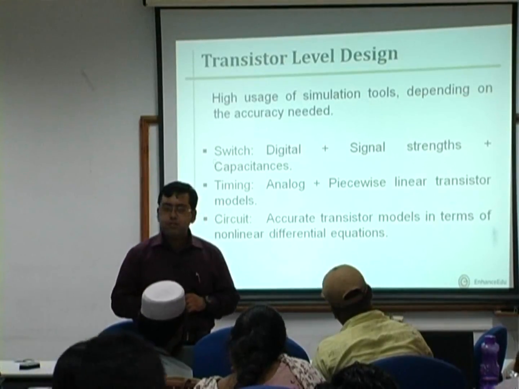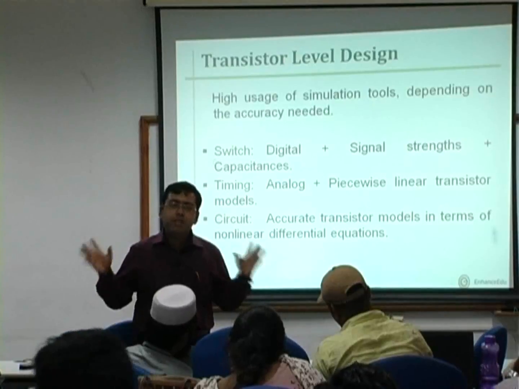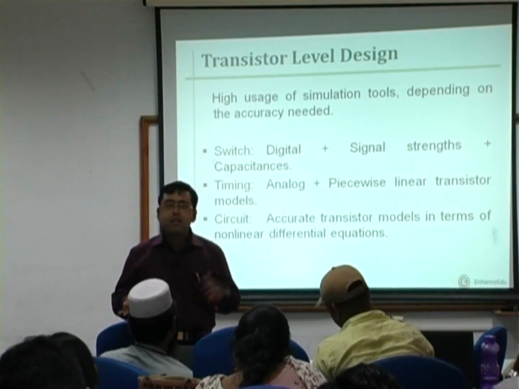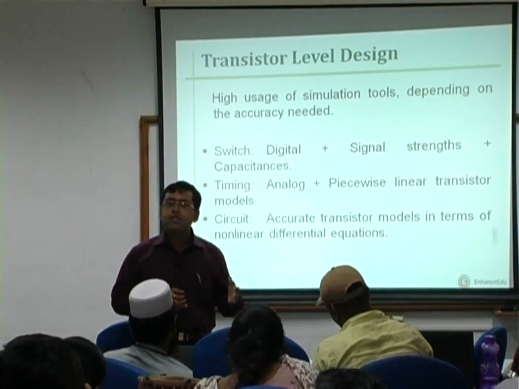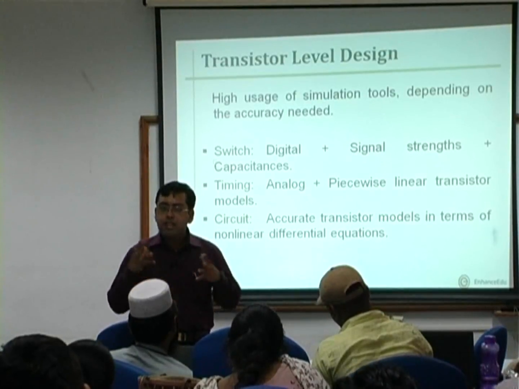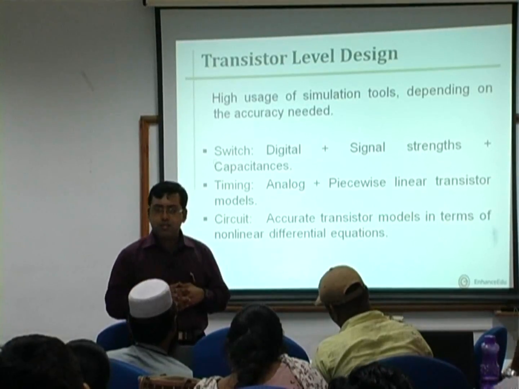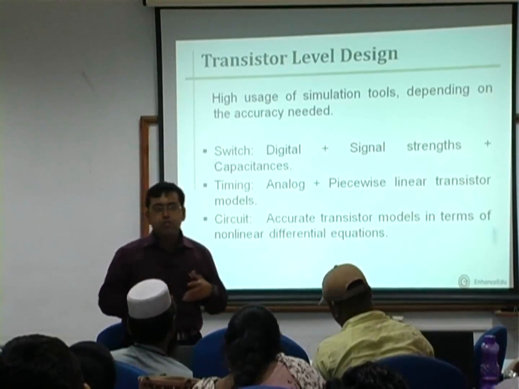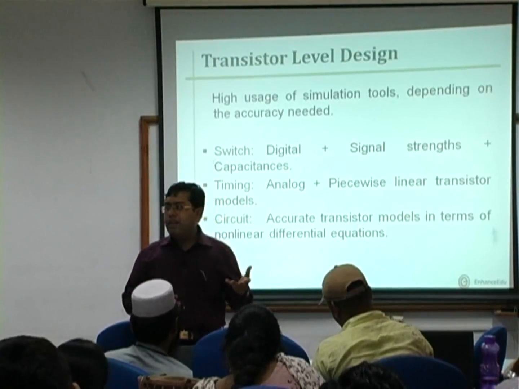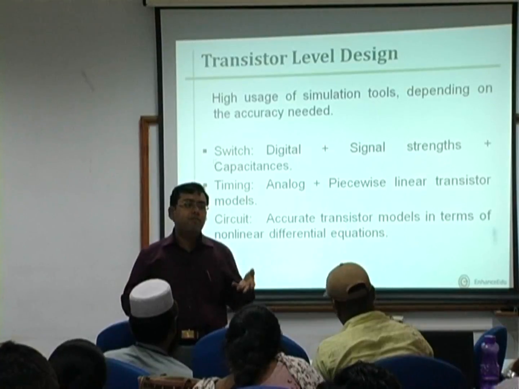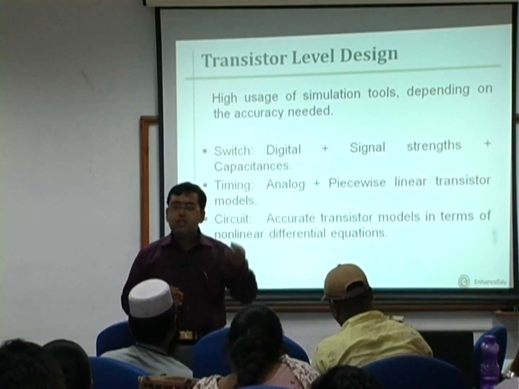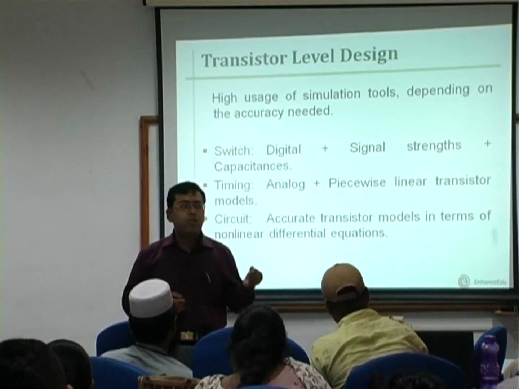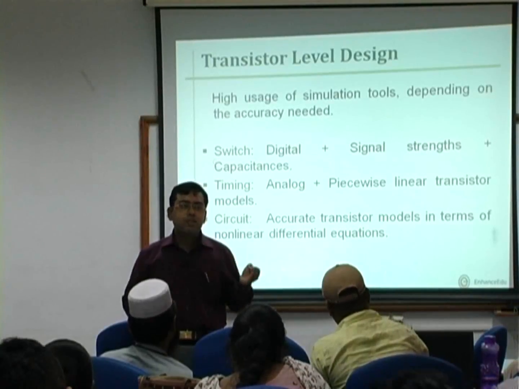So up to the gate level we can play with Boolean equations, but when it comes down to the transistor level, we have to start playing with the real physics of the circuit. When we are really talking of 30 nanometer, 40 nanometer technologies, the design of circuits is no longer purely mathematical.